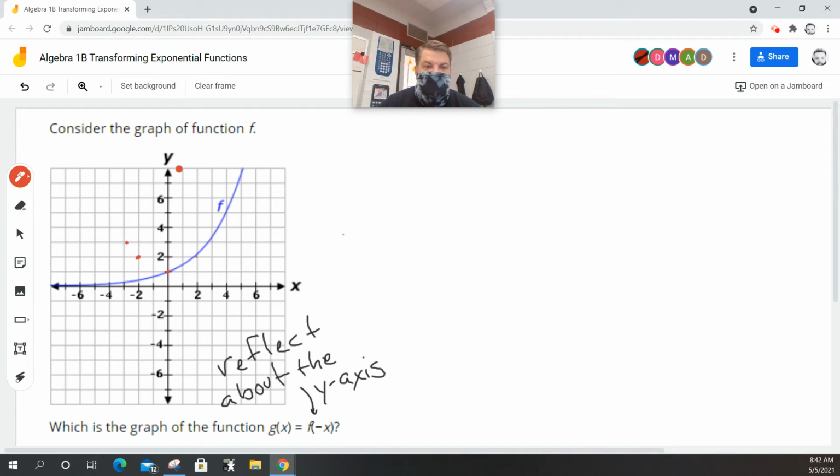Way up here, it looks like you go 1, 2, 3, 4, 5. And then it looks like it touches at about 5. So it should look like this.